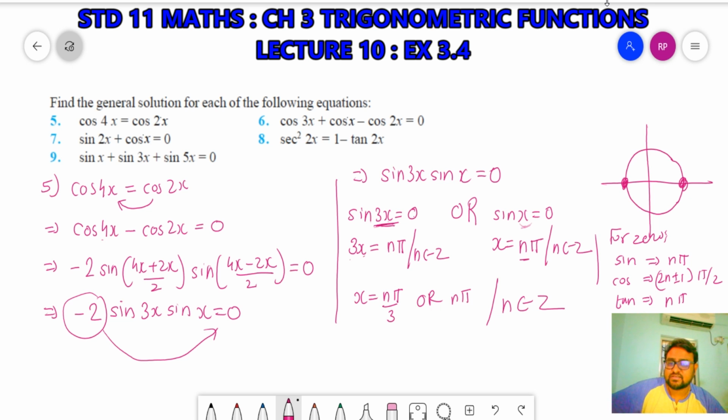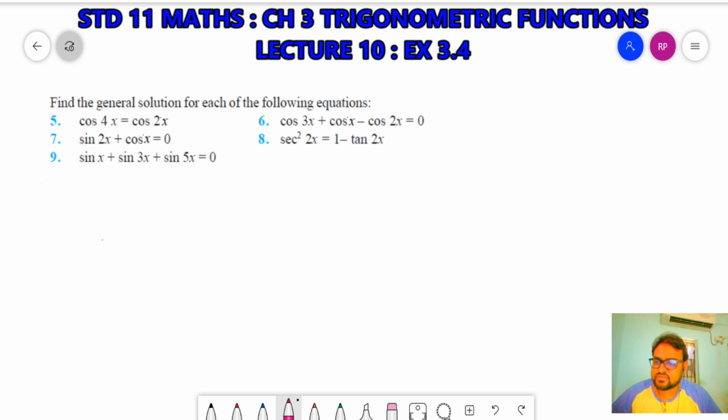Now let's move to the next, that is question number 6. Cos 3x plus cos x minus cos 2x equal to 0.